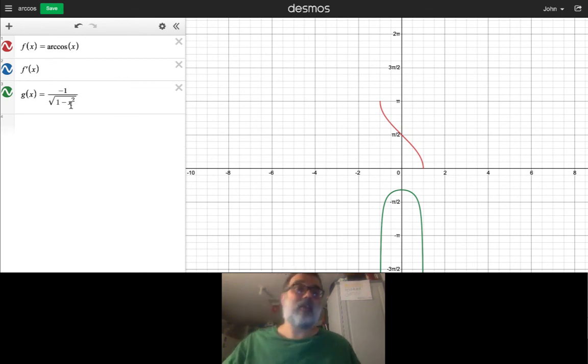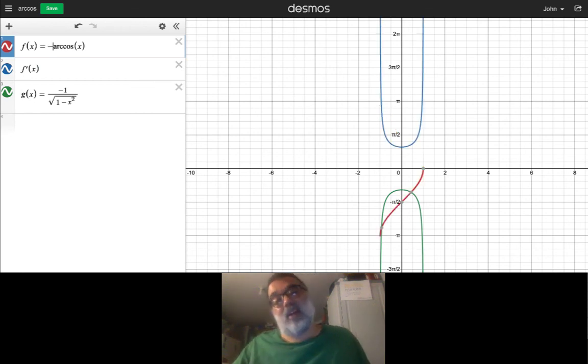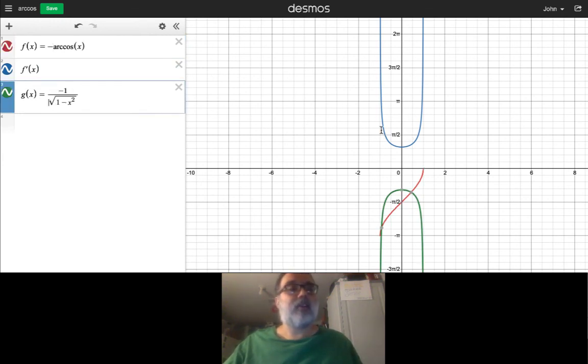Okay, so the last thing to think about would be, well, what about that negative square root? Like I said, we could have defined our cosine to think about the negative angles. And then the derivative would look like this, always positive. And if we change the square root to taking the negative square root, it matches again.